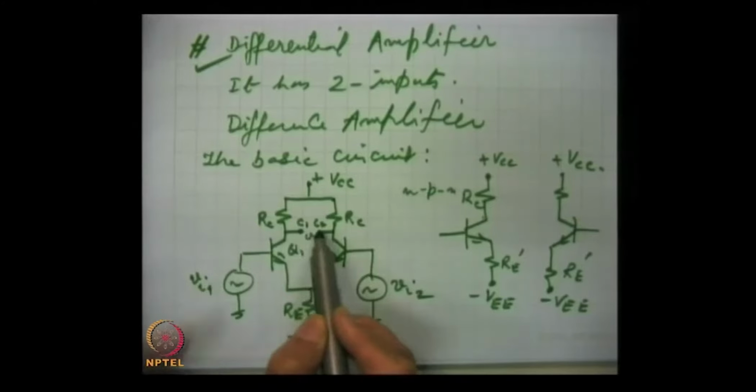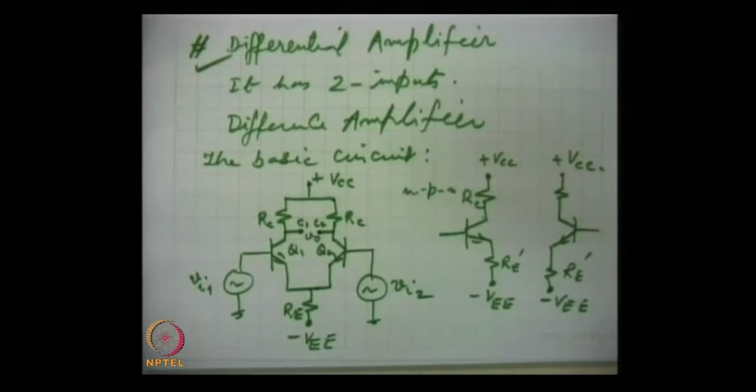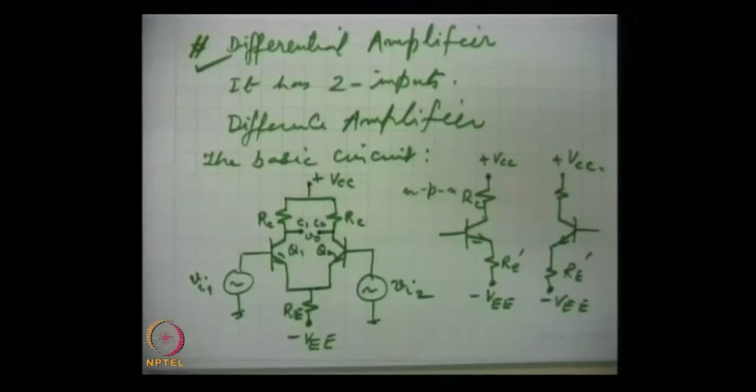So, between the two collectors when we take the output, the output will be 0 as it is supposed to be, because the whole signal is common to both, and hence the output will be 0. So, this is the way the differential amplifier works.